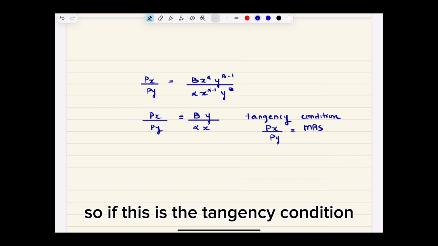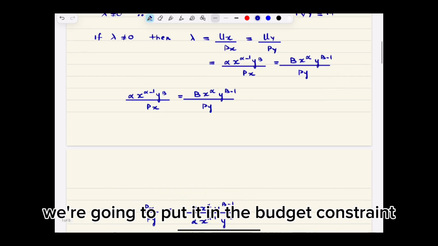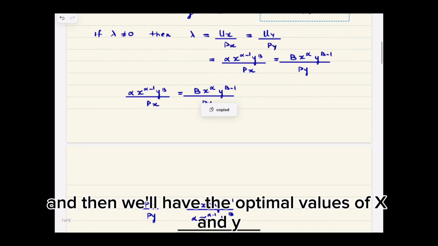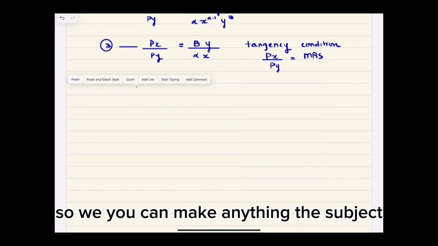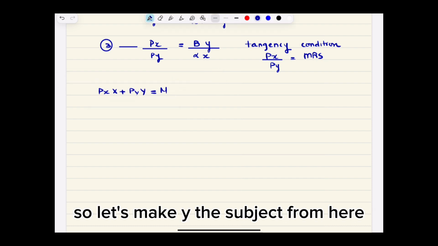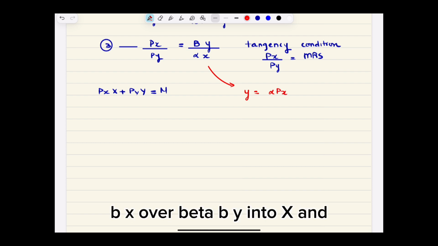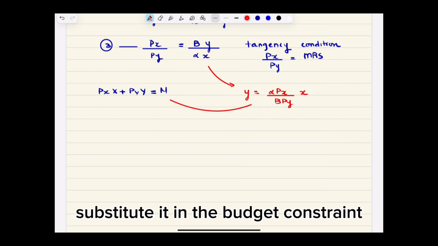Okay, so if this is the tangency condition, we're going to put it in the budget constraint right here, and then we'll have the optimal values of x and y. You can make anything the subject, so let's make y the subject from here. y is equal to alpha px over beta py times x, and now we can substitute it in the budget constraint.